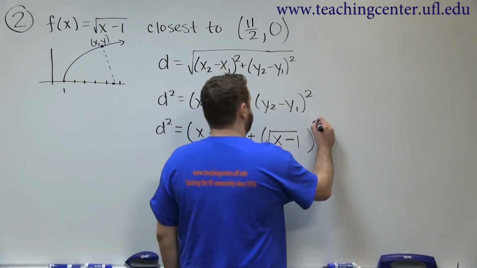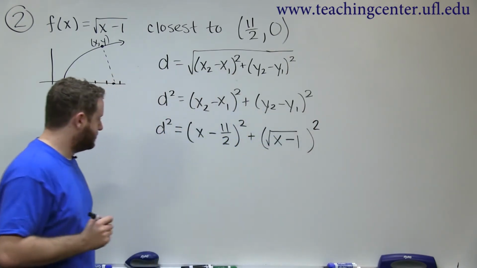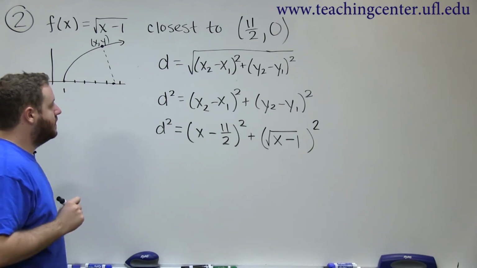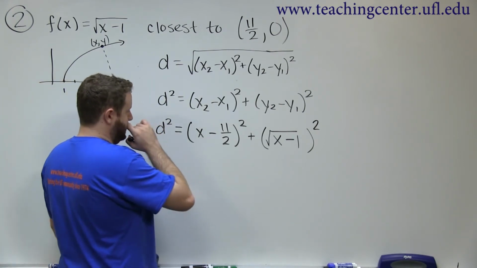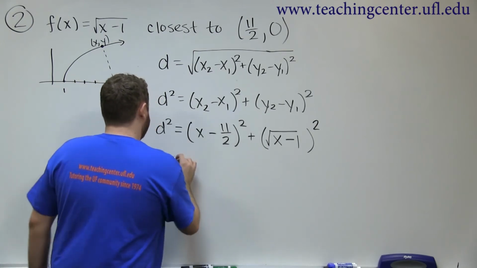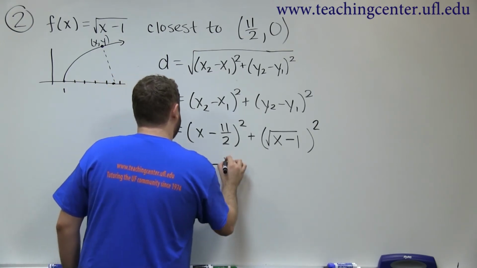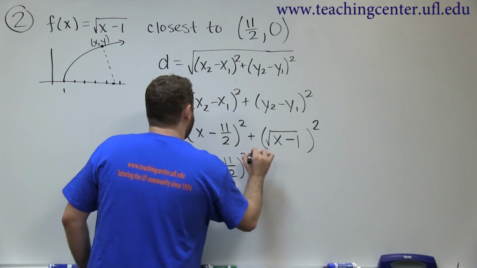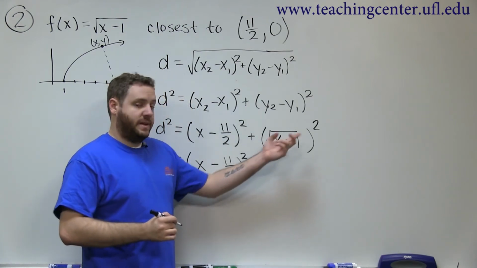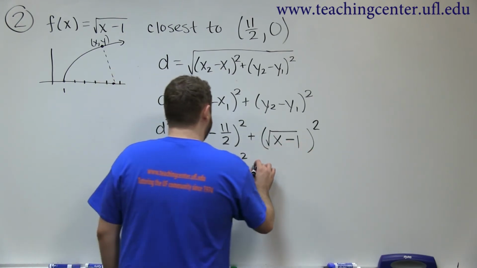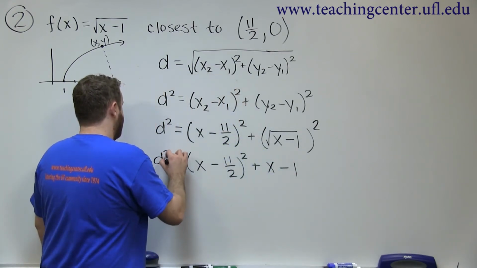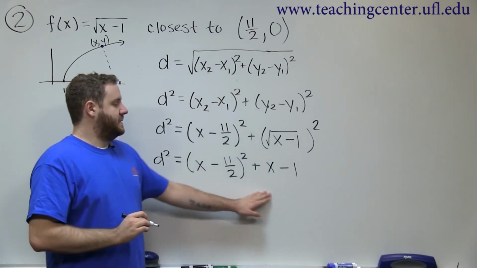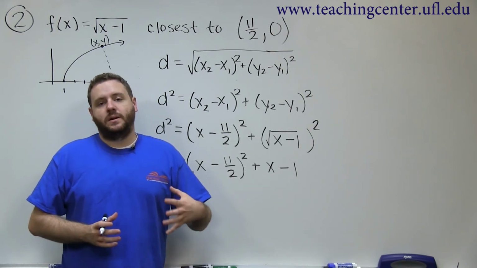Let me square that. Okay, so this is our distance, and actually I can rewrite this slightly more simply. This is a square root by itself that's squared, so we just take that away and get plus x minus 1. So d squared is equal to this, and if we minimize d squared, we get our answer.